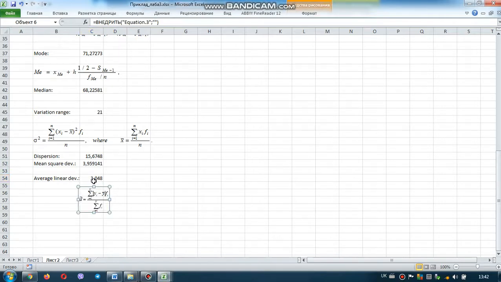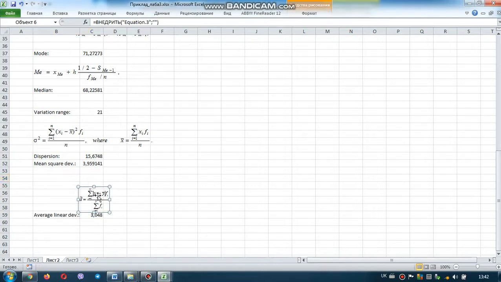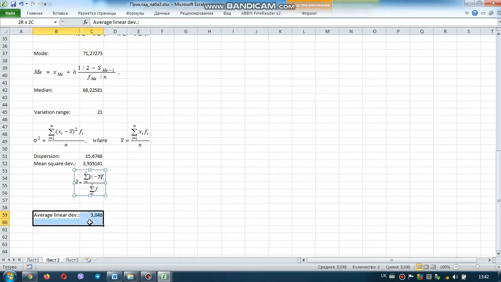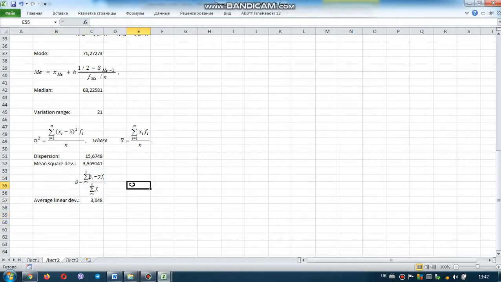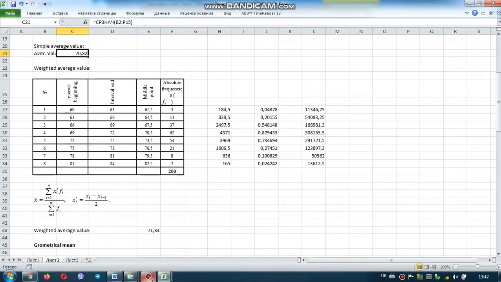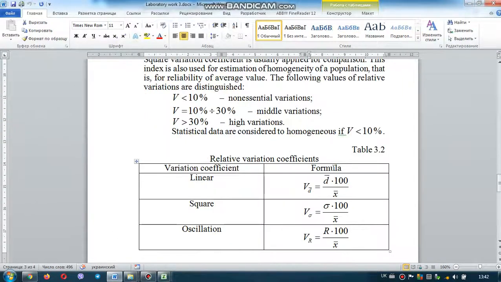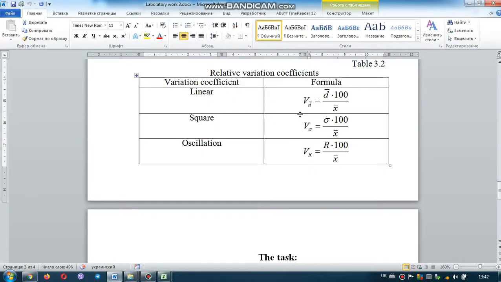So we have average linear deviation. And then we have to calculate the variation coefficients in the same way. So let's try.